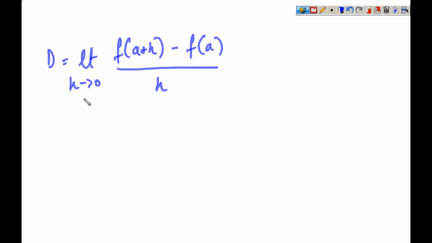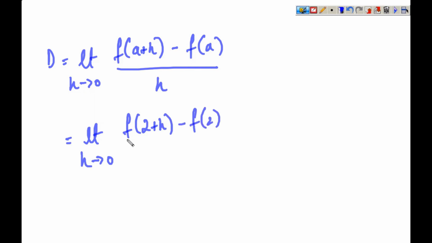Here h is unknown to us, so we simply substitute a as 2, and then we find the derivative of the function. So we can write this as limit h approaches 0 of f of 2 plus h minus f of 2, divided by h.